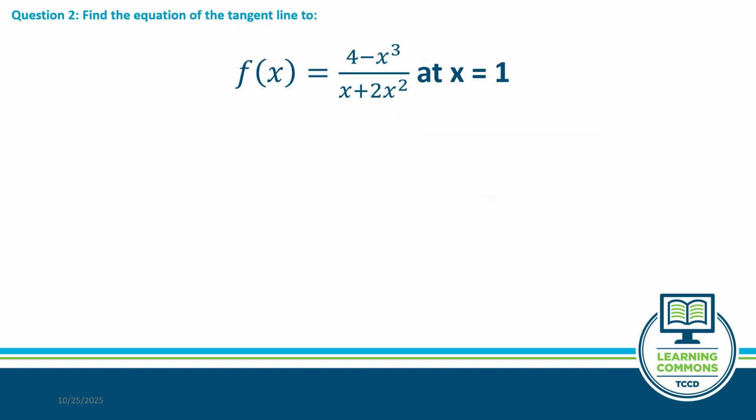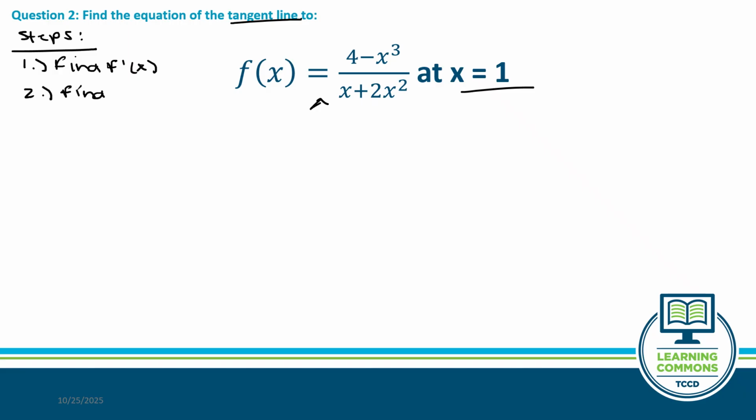Okay. Find the equation of the tangent line to this at x equals 1. So, equation of a tangent line, you have steps. Remember? Step 1 is going to be find your first derivative. Step 2 is going to be find your y value.